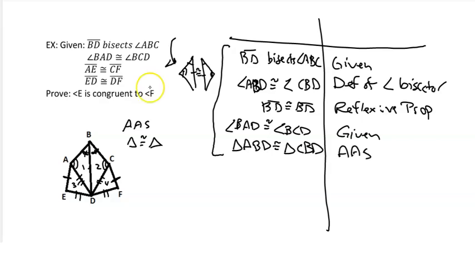Now, what parts of these two triangles will help us with triangle 3 and 4? I named this 1 and 2, so 1 is now congruent to 2. What parts of 1 and 2 help us with 3 and 4? It would be the fact that AD is congruent to CD by CPCTC.